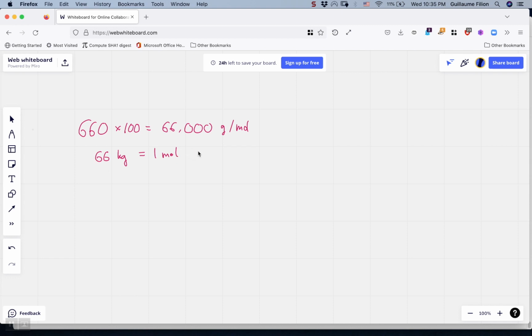So if I want 1 mole per liter, then I need to put 66 kilograms per liter. That's very simple. It says that 1 mole per liter is equal to 66 kilograms per liter. And so that answers the question.